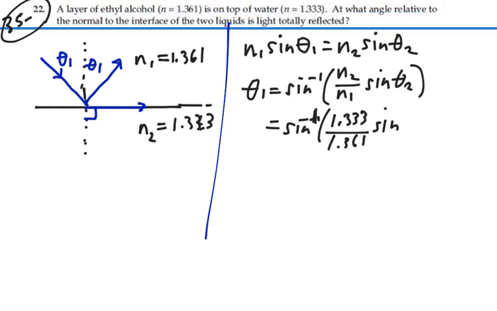And then our theta 2 is going to be 90 degrees. Sine of 90 is 1. So we're going to just have the inverse sine of 1.333 over 1.361. And that is 78.36 degrees.